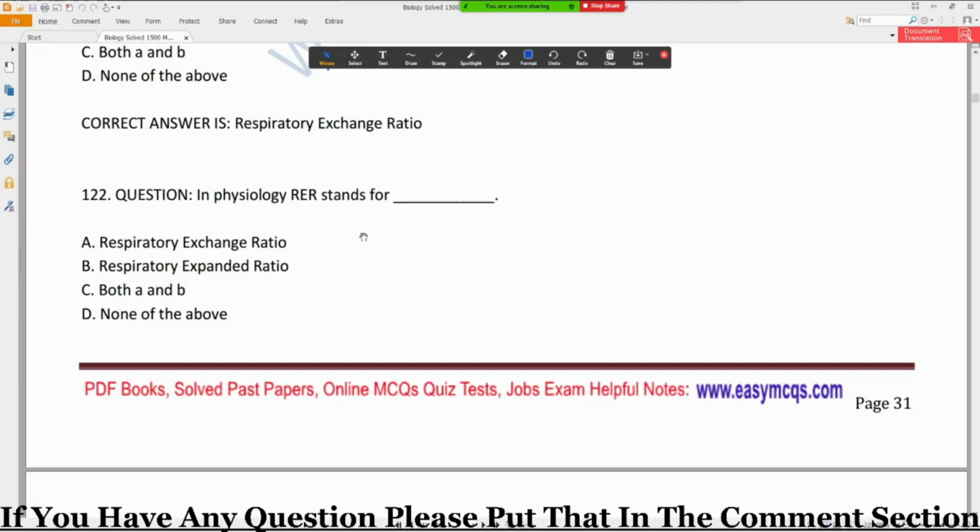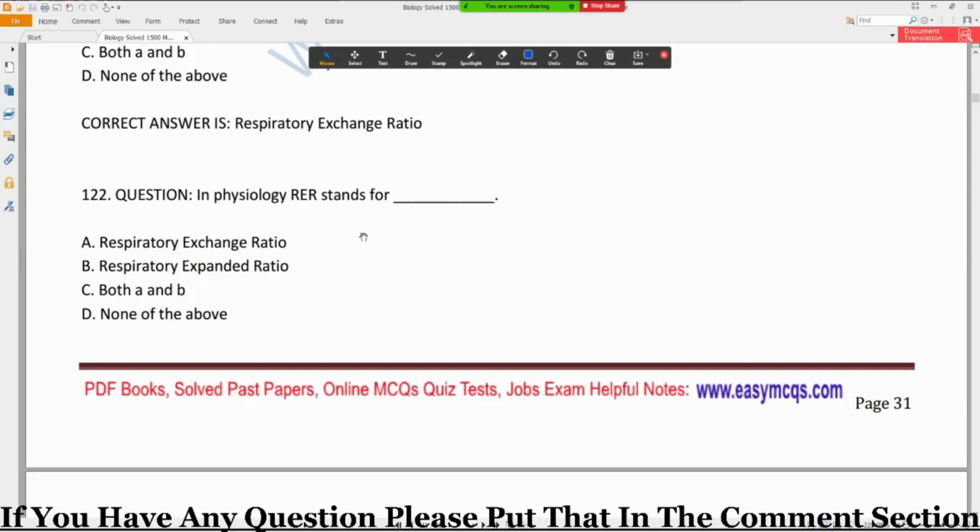So you know what is respiratory exchange ratio? The respiratory exchange ratio is the ratio between the amount of CO2 produced in metabolism and oxygen used. We know in a human body during respiration the CO2 is produced and oxygen is used. So respiratory exchange ratio is the ratio between the carbon dioxide production and oxygen consumption.